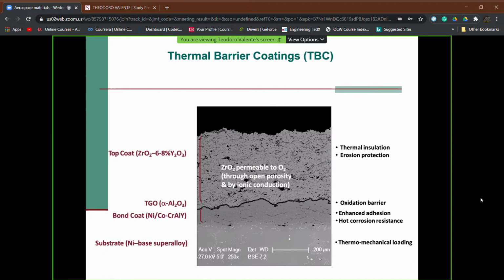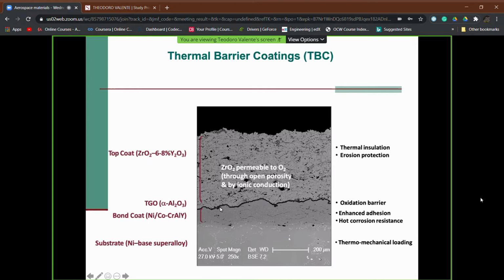This is the so-called thermally grown oxide, thermally because it is formed when the temperature is high, that is, in real working conditions. It does not exist at the initial time of fabricating the thermal barrier coatings, but is developed during their working condition.